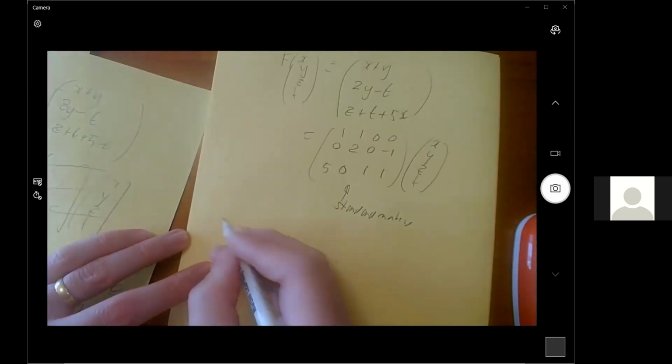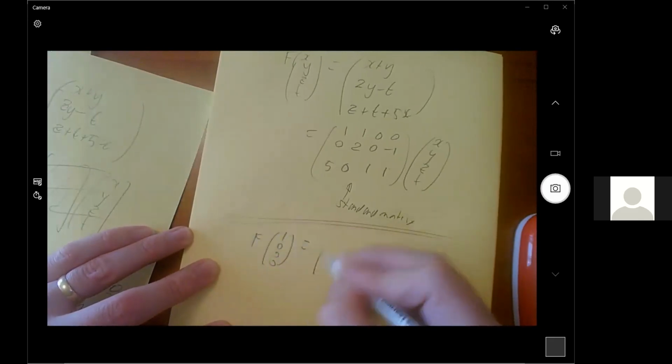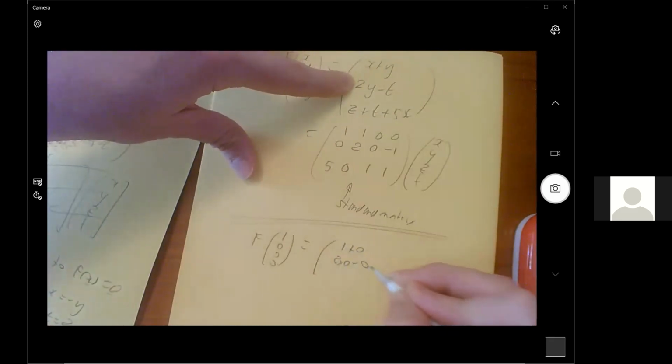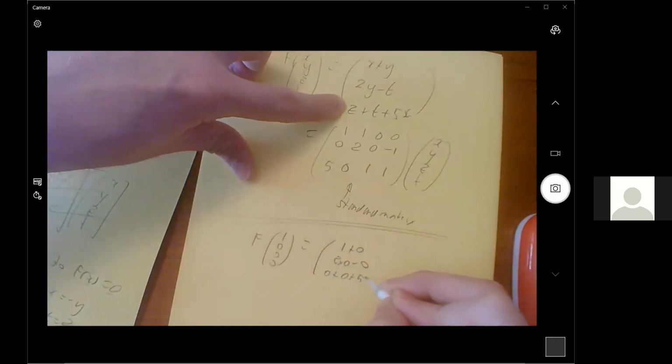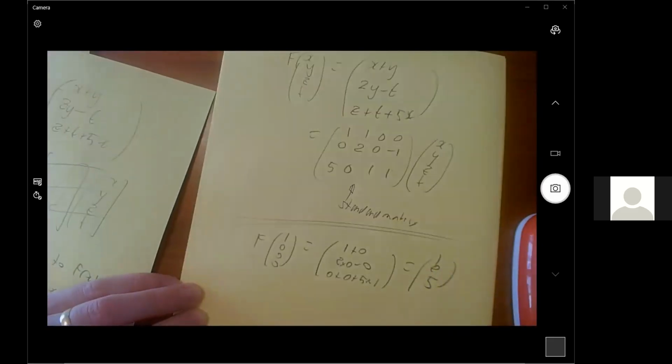That's how I would normally do it in this situation. But you could just as easily have done this. f of 1, 0, 0, 0 is 1 plus 0, 2 times 0 minus 0, 0 plus 0 plus 5 times 1, which is 1, 0, 5, and that's the first column.